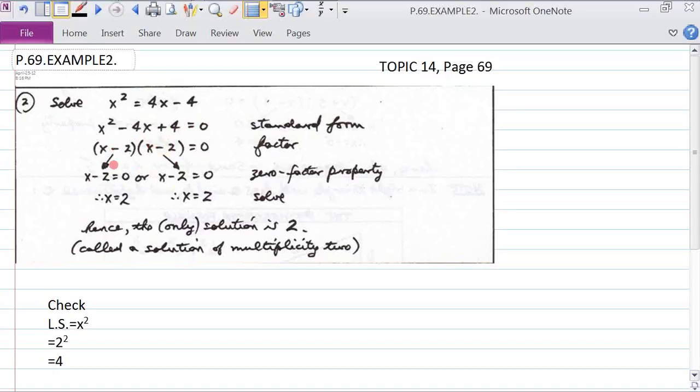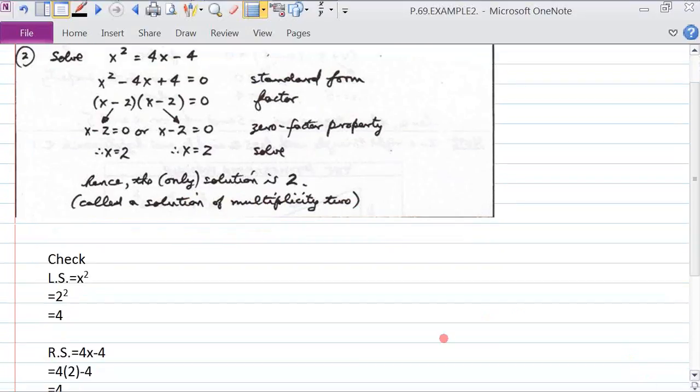It doesn't matter which one of these two you take. The solution is going to be x equals 2. There's only one solution, and it's 2. In this case, because there's more than one way that we get the answer, we call it a solution of multiplicity 2. There are two solutions that give 2 as the answer.